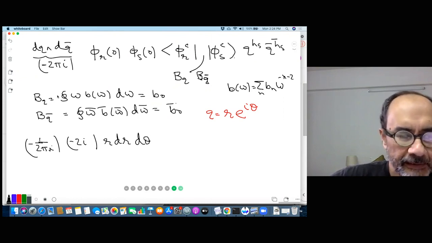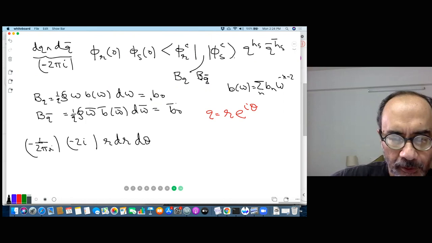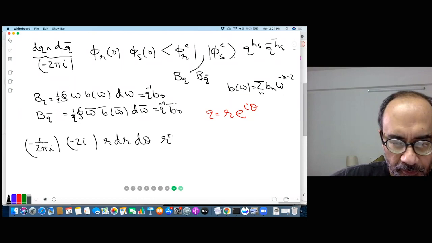That we had a 1 over q here, 1 over q bar here. So this is b0 over q. Let me write it as q inverse b0. And here I have q bar inverse b0 bar. So r dr d theta, this q inverse q bar inverse gives you r to the minus 2.